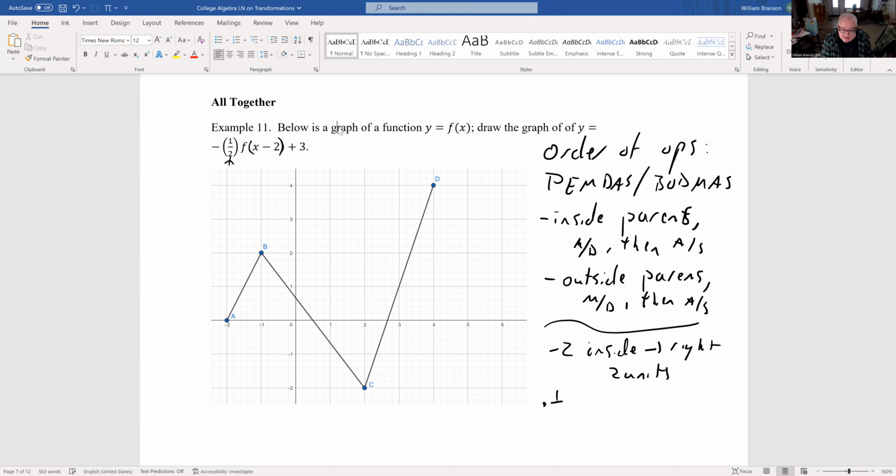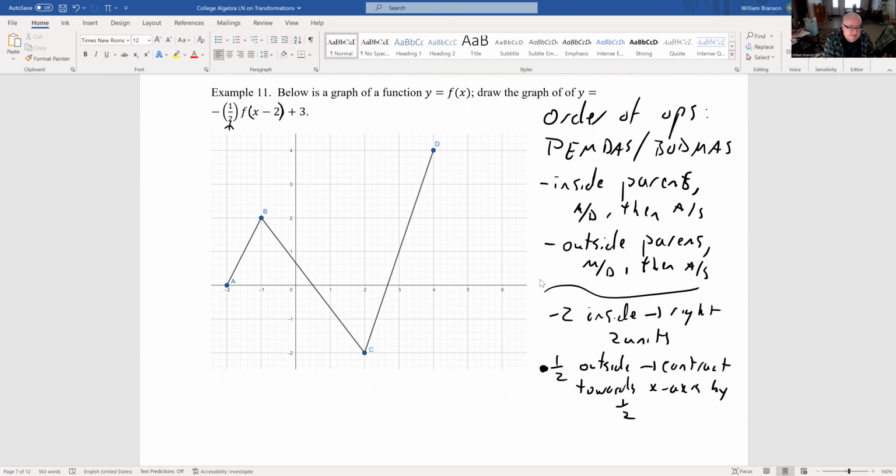So times 1/2 outside. And that means we're shrinking it, contracting towards the x-axis by 1/2.